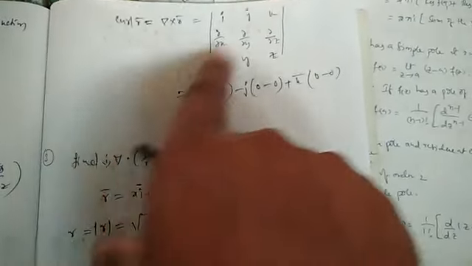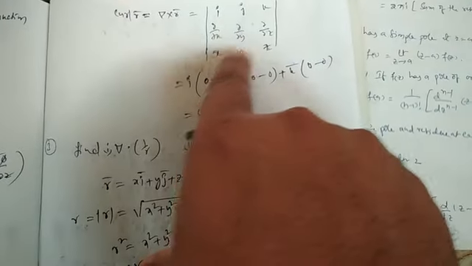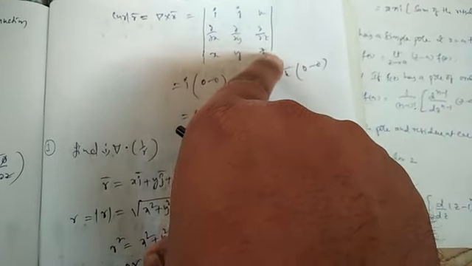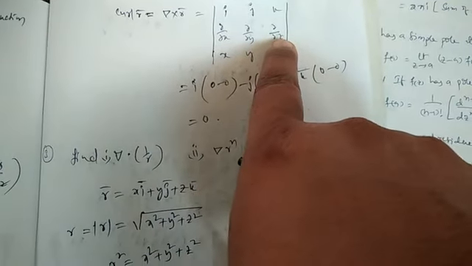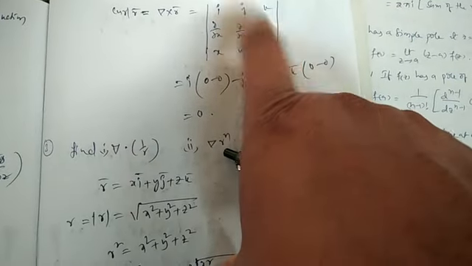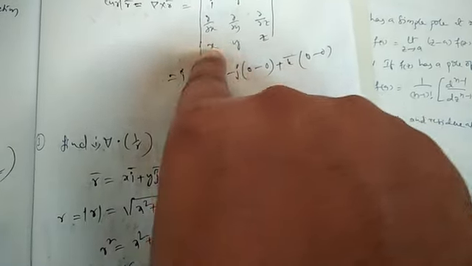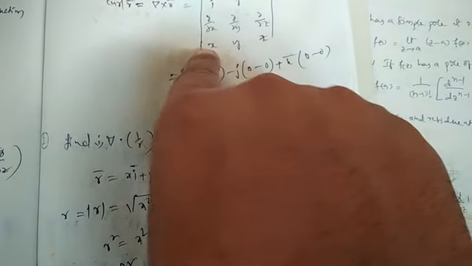Now i times (∂z/∂y is 0 minus ∂y/∂z is 0), minus j times (∂z/∂x is 0 minus ∂x/∂z is 0), plus k times (∂y/∂x is 0 minus ∂x/∂y is 0). So simply 0. Now the next, third problem.